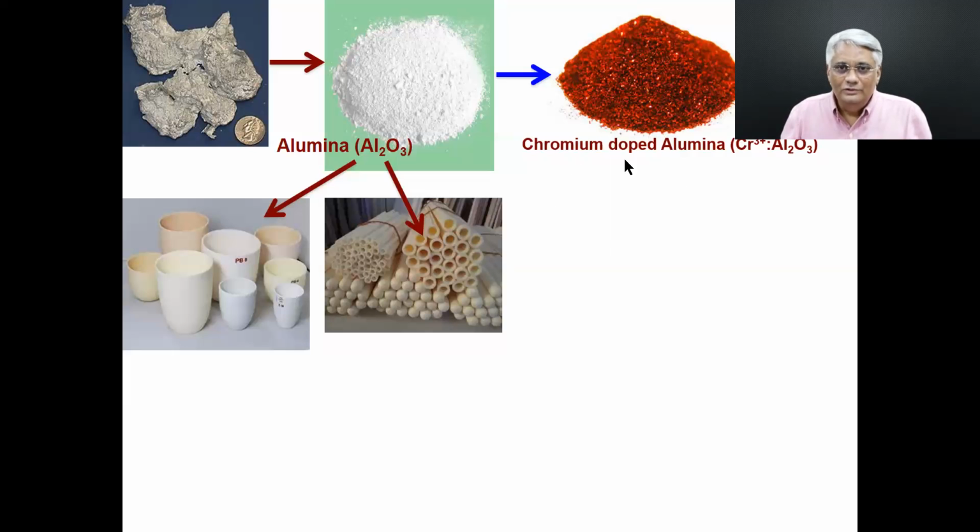Now, what is the use of this? You have a ceramic in the form of pure alumina. Aluminum oxide is also called alumina, Al2O3, which has quite a number of applications as crucible material, which is, of course, a very important application. Now, what do you do with this?